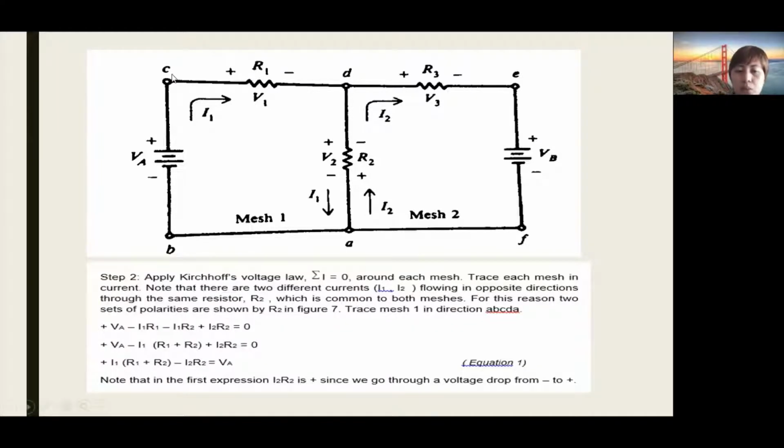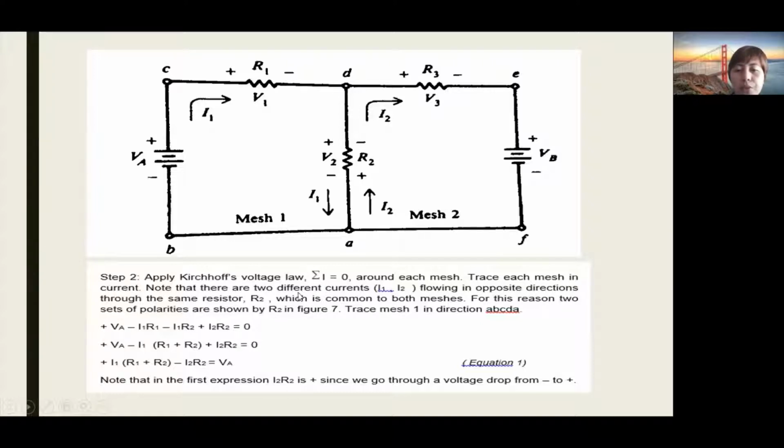Step 2: apply Kirchhoff's voltage law. This sigma symbol is for summation. The summation of voltages is equal to 0 around each mesh. Trace each mesh in the direction of its current.